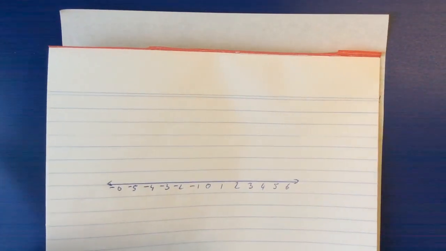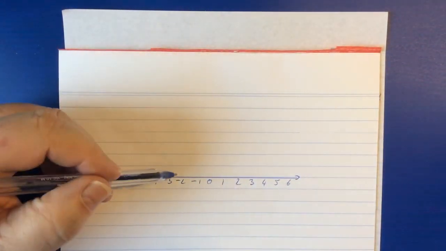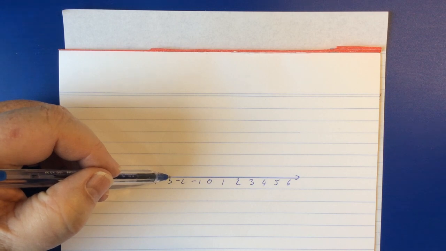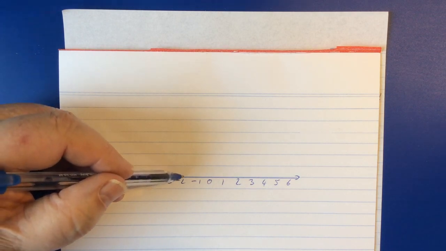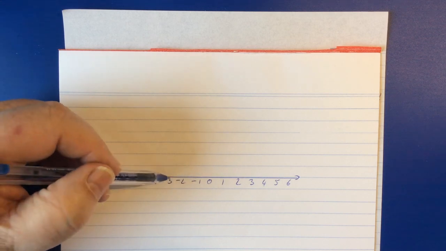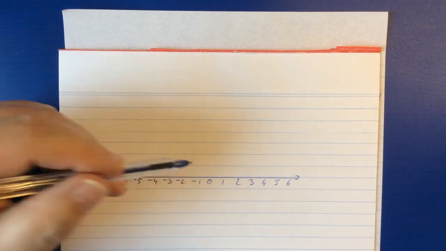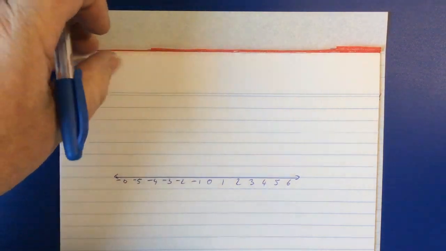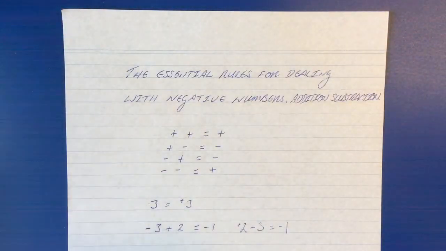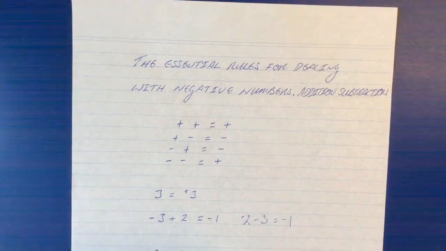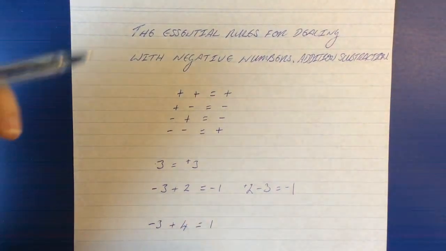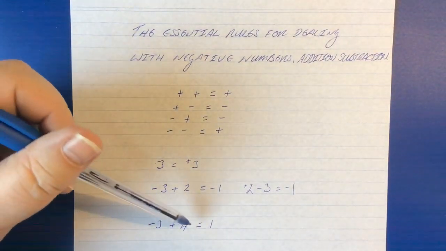If we start at negative 3 and we add 2, that means that we move in this direction 2. So negative 3 plus 2 will equal negative 1. That's how this works.